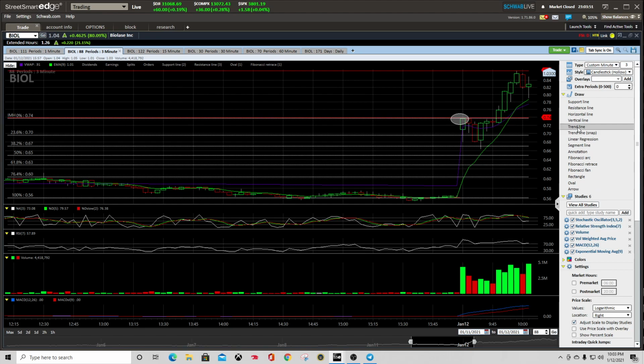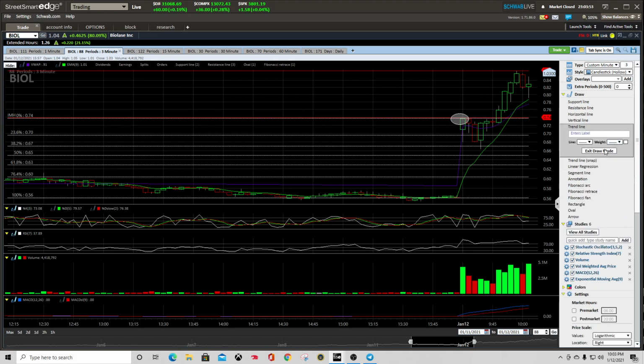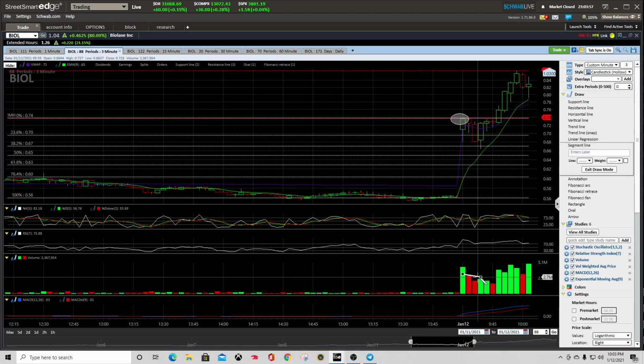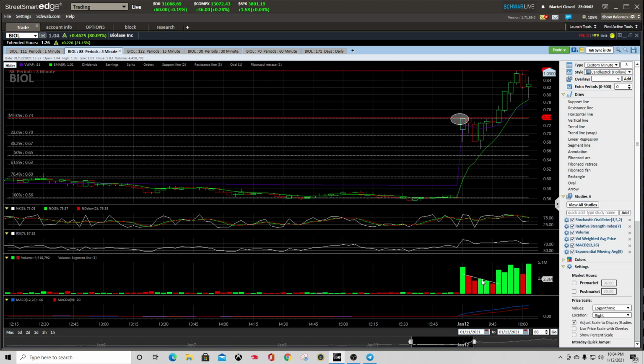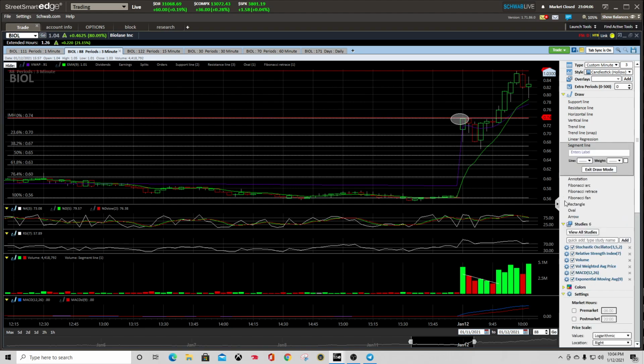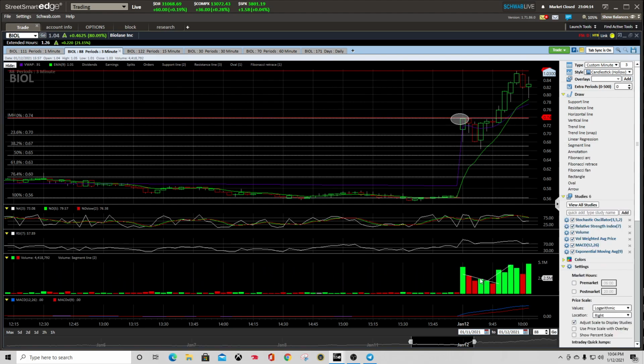Then you got a little pullback, and it was on lower volume. Okay, right there. Then you got your break through the initial morning high on an increase in volume. You want to see a break of the initial morning high with an increase in volume.